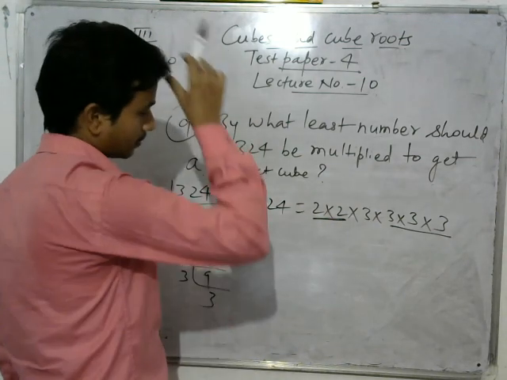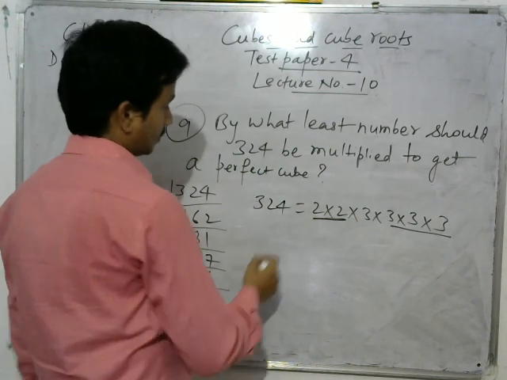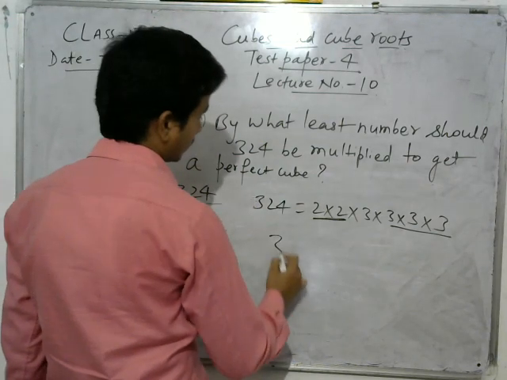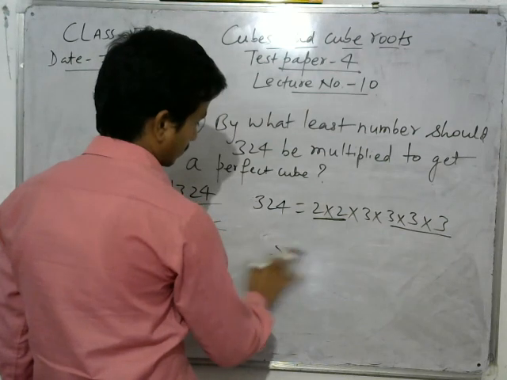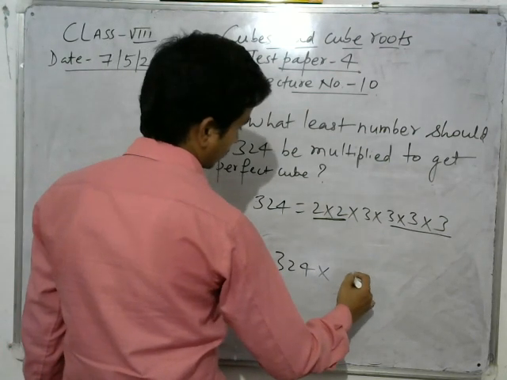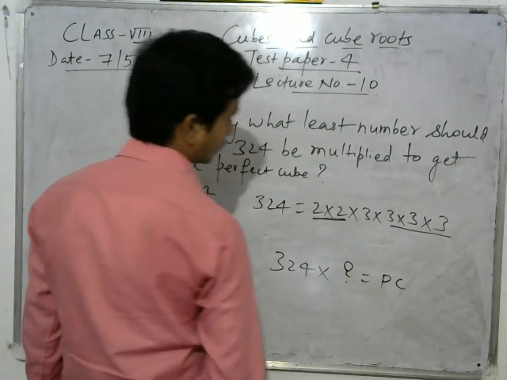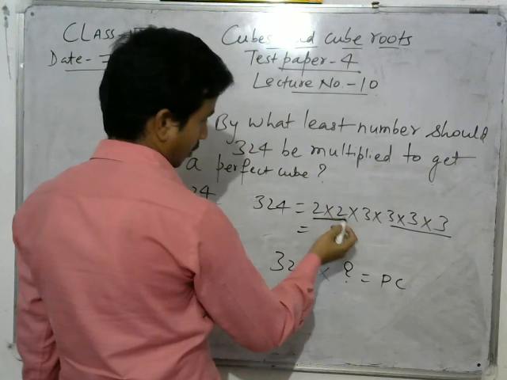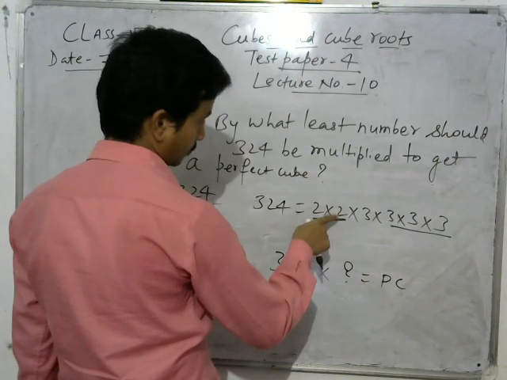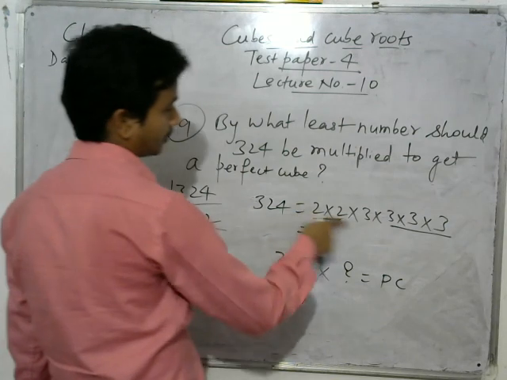The question is by what least number 324 should be multiplied so that it will become a perfect cube. So how many 2's should be multiplied so that it will form a triplet?